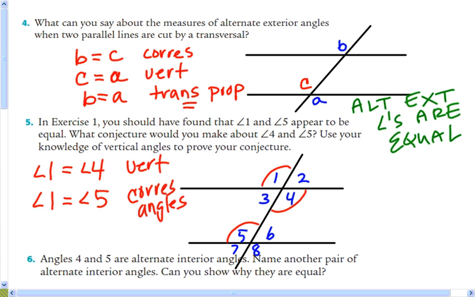And by the transitive property, we can say that angle 4 is equal to angle 5. Because angle 1 is equal to angle 4, and angle 1 is equal to angle 5, so angle 4 must equal angle 5. That's the transitive property.